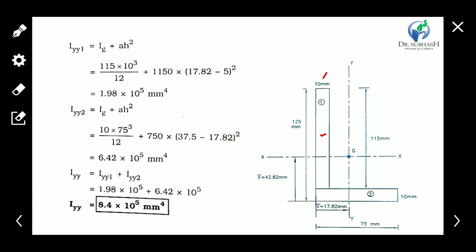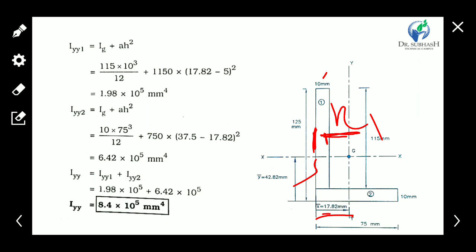Now from the CG of the first element to the y-axis, the distance we have to find out is h or h1. Okay, now the total distance x bar is 17.82 and the distance of CG from this outermost edge is 5.